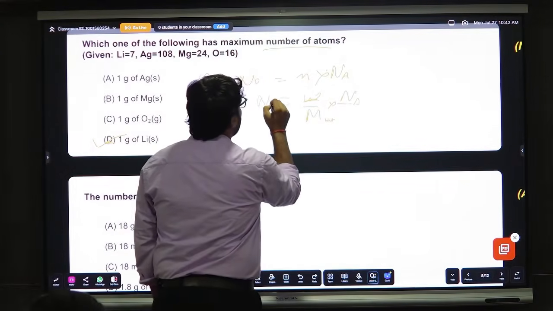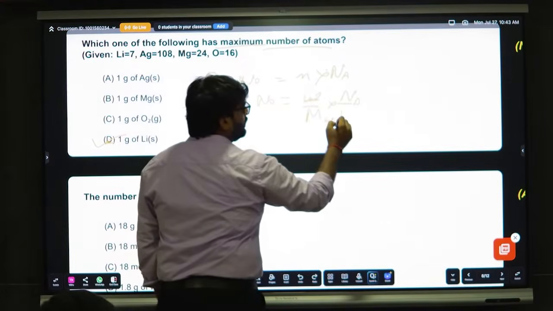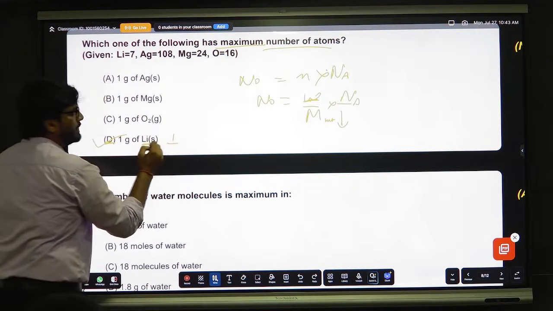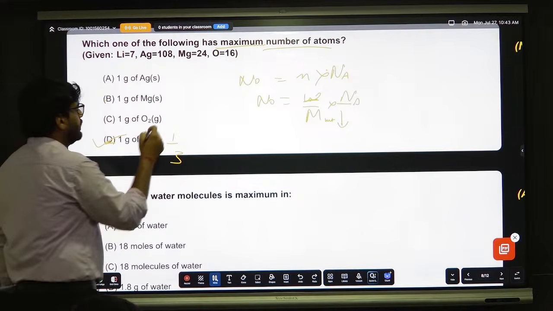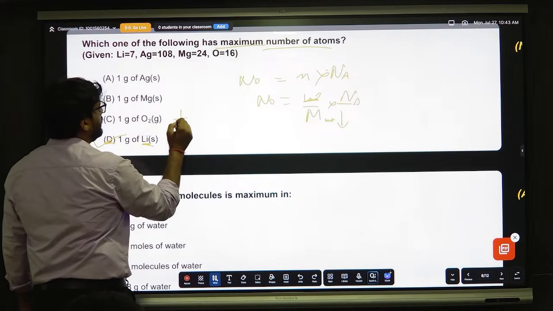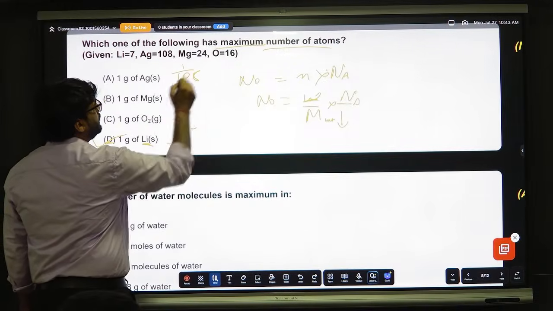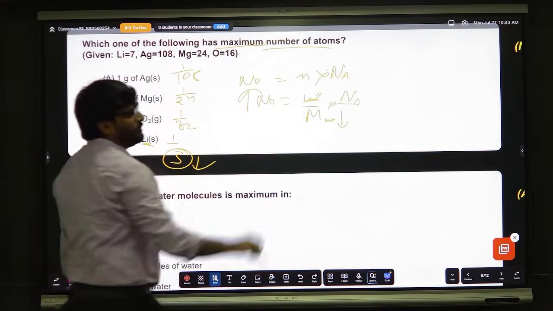So if my molecular weight is more, number of particles will be less, and we want maximum. So molecular weight should be less. In this case, it is 1 by 3 for lithium, and for this case, it is 1 by 32. It is 1 by 24. 1 by 108. So the smallest number is this one. If this is smallest, this will be maximum.